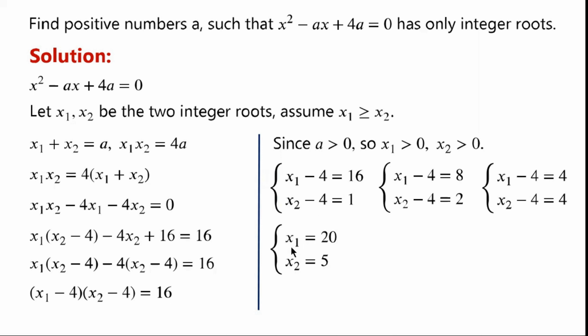So x1 equals 20, x2 equals 5, or x1 equals 12, x2 equals 6, or x1 equals 8, x2 equals 8.